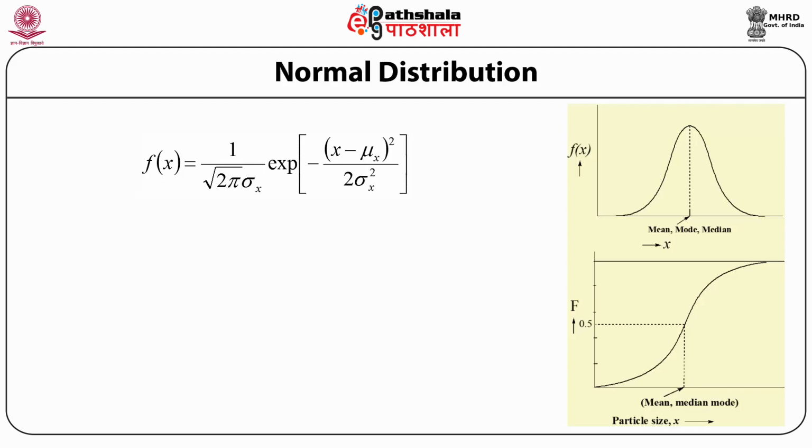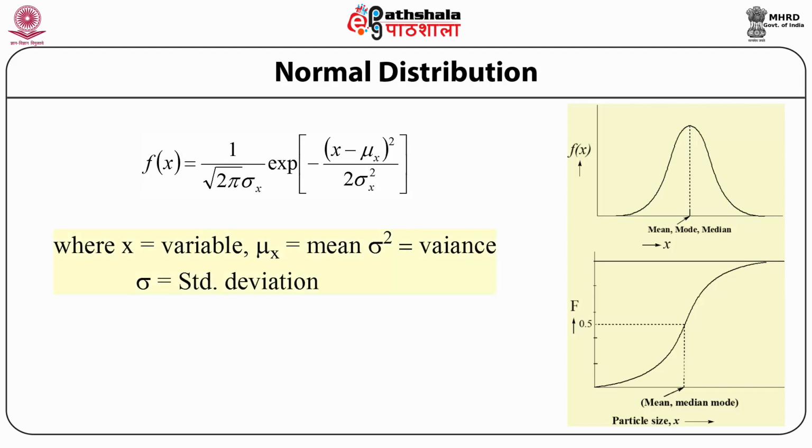A parameter small x is said to be normally distributed if its relative frequency is given by f(x) equal to 1 divided by root of 2 pi sigma x, exponential of minus (x minus mu x) whole square divided by 2 sigma x square, where mu x is the mean, sigma x square is the variance, and sigma x is the standard deviation of the distribution.